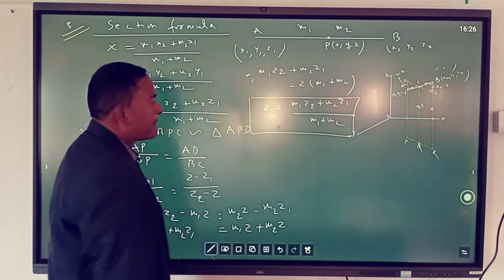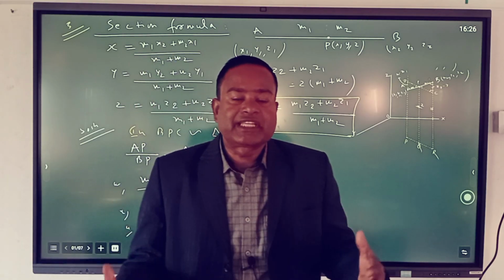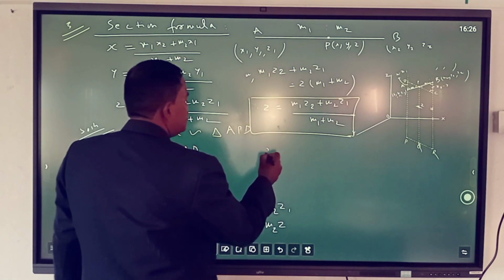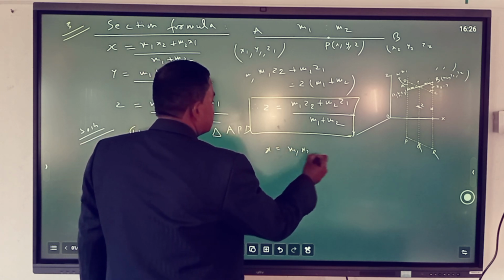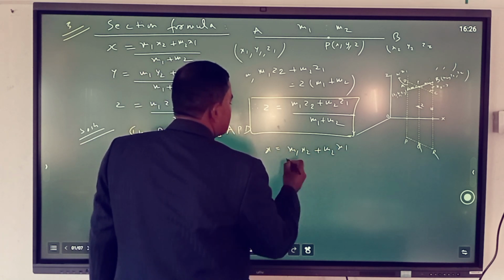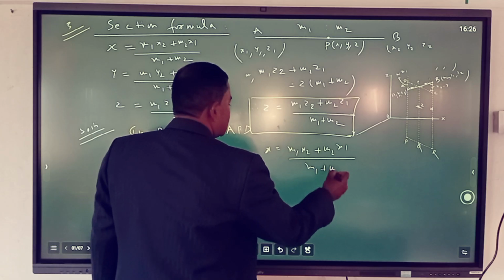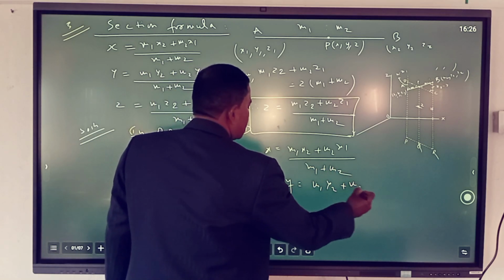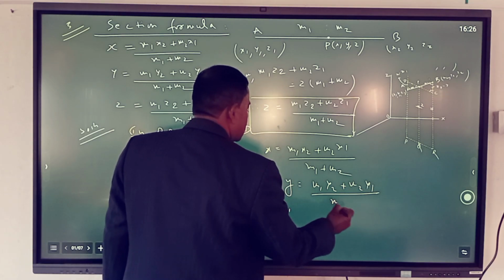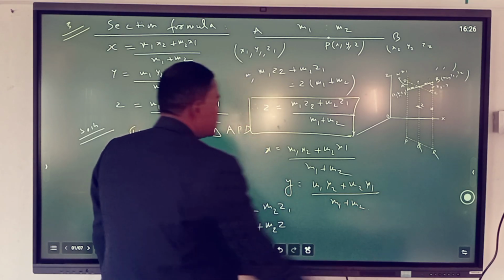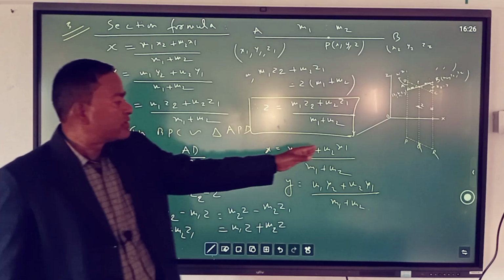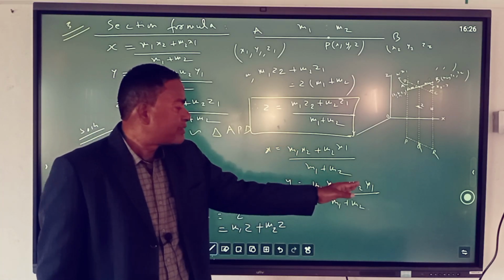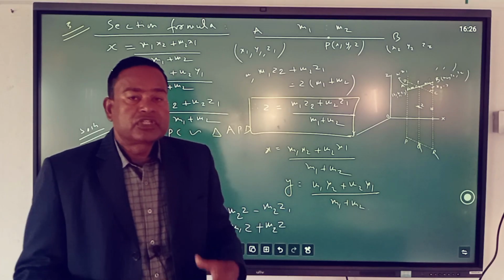So dear student, by following the same process, we can get the x and y coordinate of the point P. The x coordinate will be m₁x₂ plus m₂x₁ divided by m₁ plus m₂, and y will be equal to m₁y₂ plus m₂y₁ divided by m₁ plus m₂.